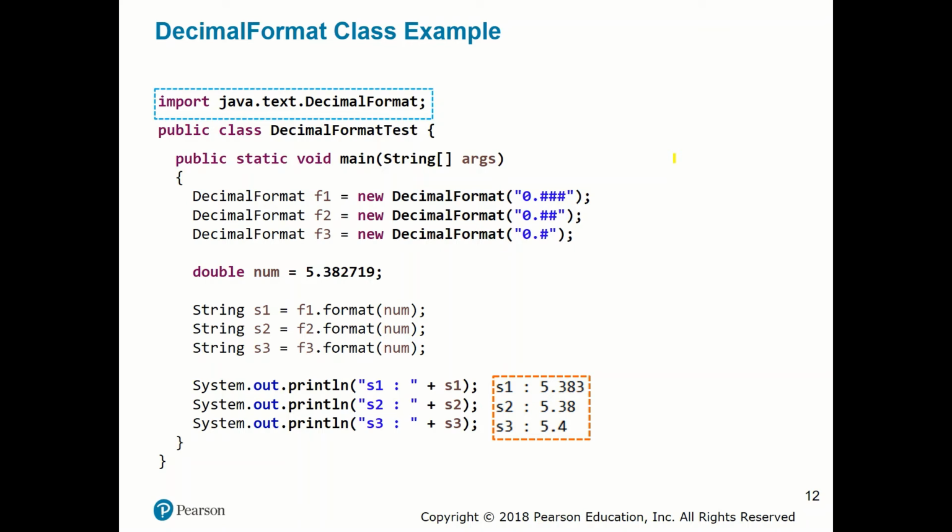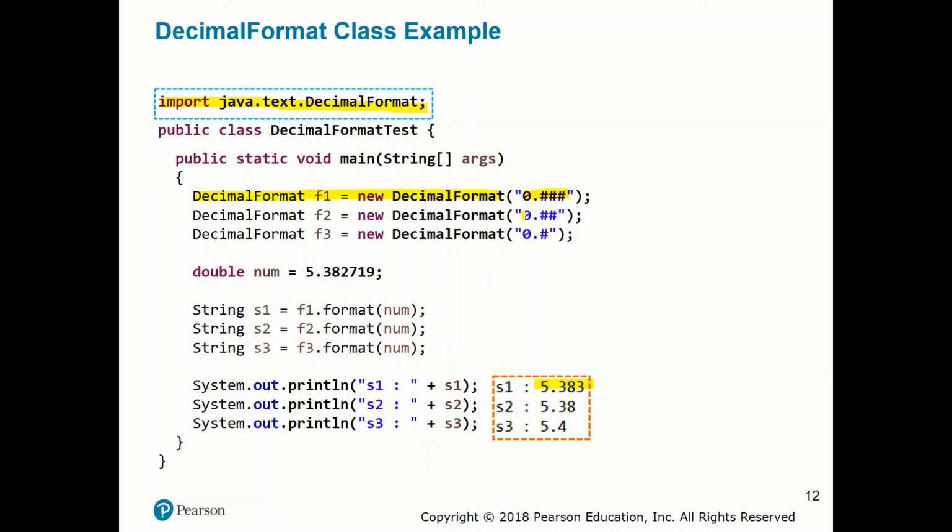Let me show you one more example, actually a very similar example to the previous one. First, we need to import java.text.DecimalFormat. And we need to create an object of the DecimalFormat class like this. Inside this constructor, we need to put the format type. If we put 3 pound signs, it means that we will print the number with 3 digits after the decimal point.